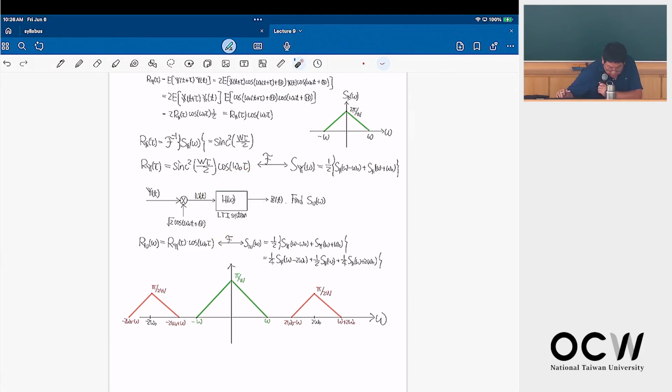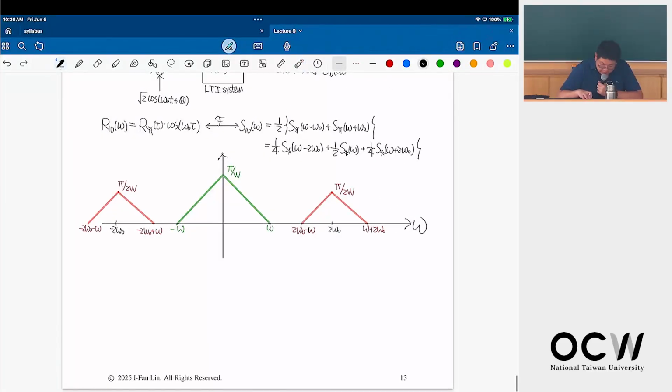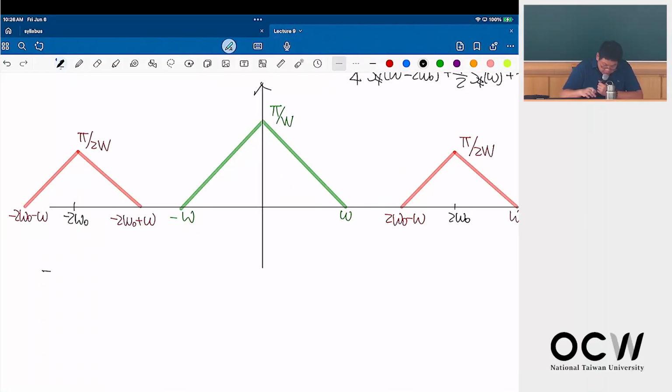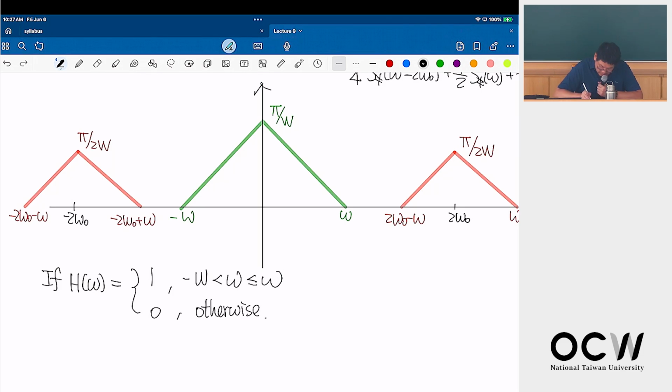Then let's find the autocorrelation of z.